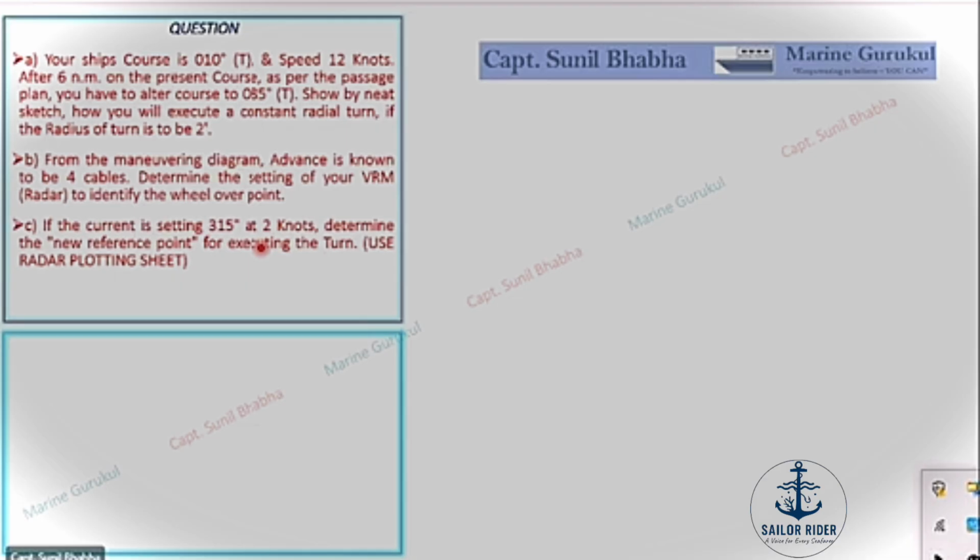Now, before we go into the solution of the question, one thing which I would like to take your attention to is, they have mentioned here that the advance is known to be 4 cables. Now, the advance is basically the distance traveled by the ship in the direction of the initial course.